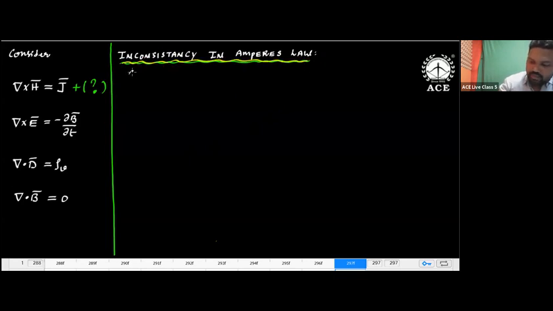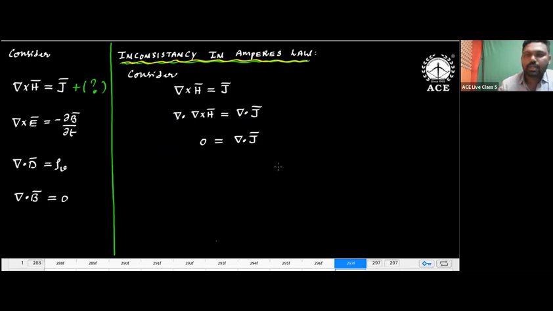Now consider del cross H is equal to J. Apply the divergence on both sides. What is the divergence of a curl of a vector? 0. So 0 is equal to divergence of J. That means divergence of J is equal to 0.